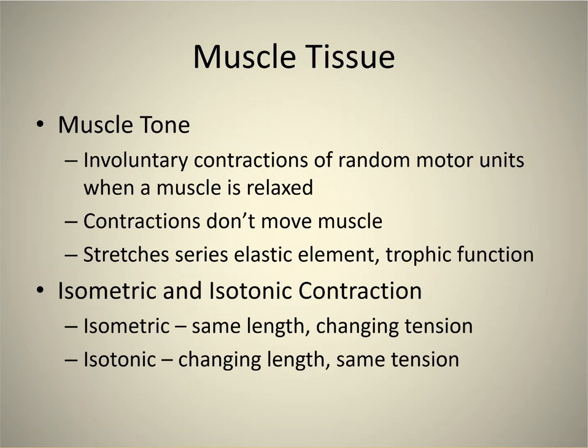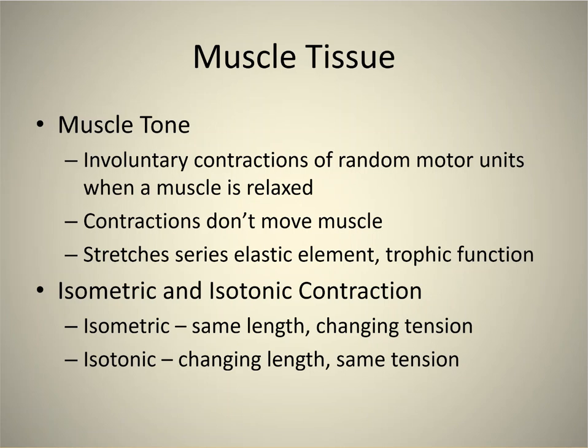Muscle tone: involuntary contractions of random motor units when the muscles are relaxed. So even when the muscle is completely relaxed, it generates a little bit of tension and burns a little bit of ATP, even though the bone is not moving. This is to get it ready to be instantly used. It's a motor program from your cerebellum that comes down there and automatically keeps it going.